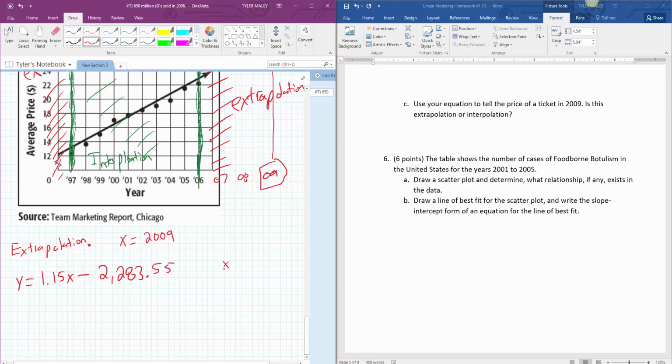So I'm going to plug in an x value of 2009, and we'll find y.